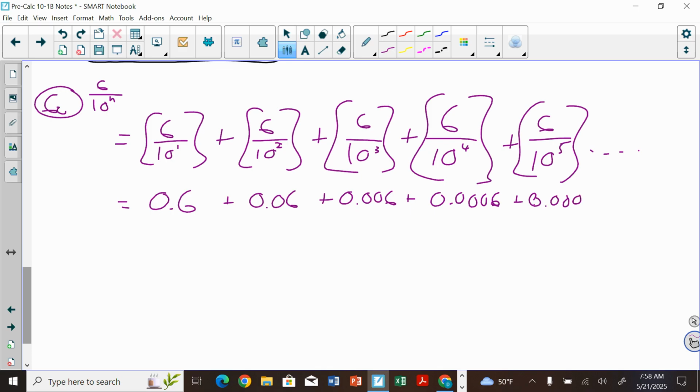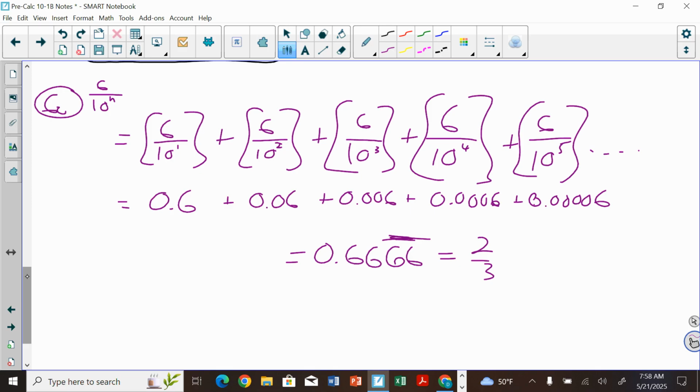So again, we know that this is going to approach a limit. It's going to be 0.666 if we added it all up, with the 6 repeating, which is eventually 2/3.